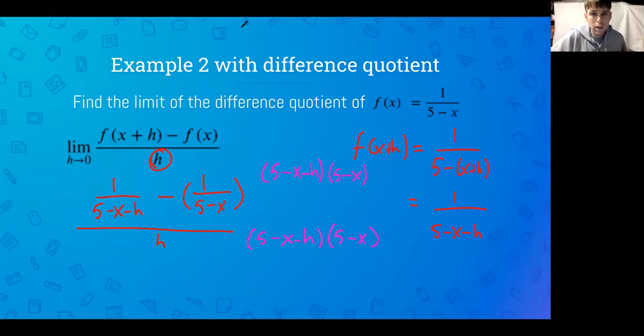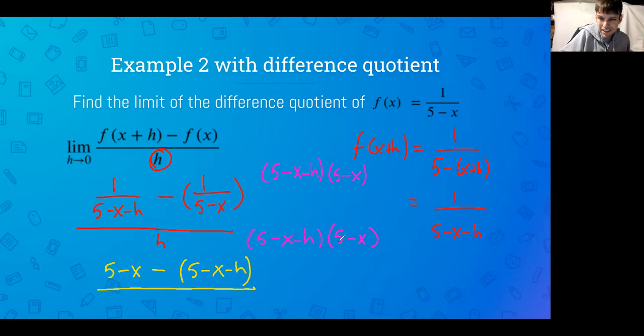Okay, so on the bottom, I'm going to go ahead and leave it factored for now. I don't suspect I'm looking to cancel this out, so I kind of want to just get rid of that later on. On the top, I am actually going to have to multiply this all out, so a little bit messy, but that's okay. So on the top, when I multiply this in here, the 5 minus x and 5 minus h is going to cancel out, so we just end up with 5 minus x minus, and then when I multiply it here, the 5 minus x's will cancel, and we'll end up with 5 minus x minus h all over all these things multiplied together.